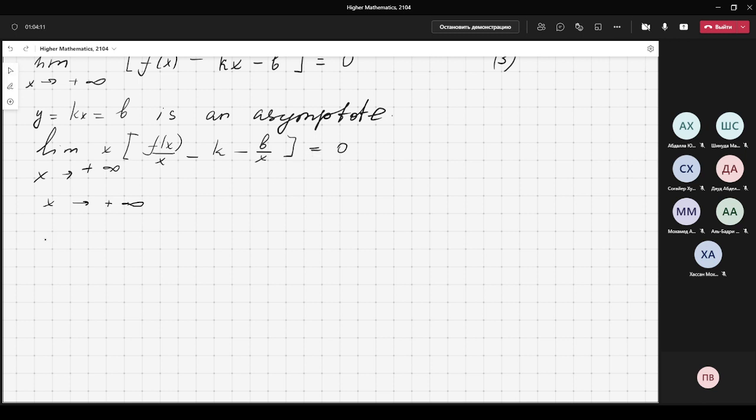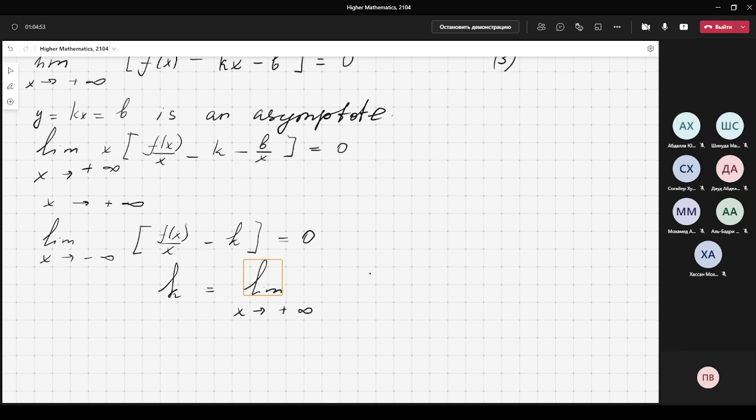Hence, the limit as x approaches plus infinity of f of x over x minus k equals 0, so k equals the limit as x approaches infinity of f of x over x. Formula 4.